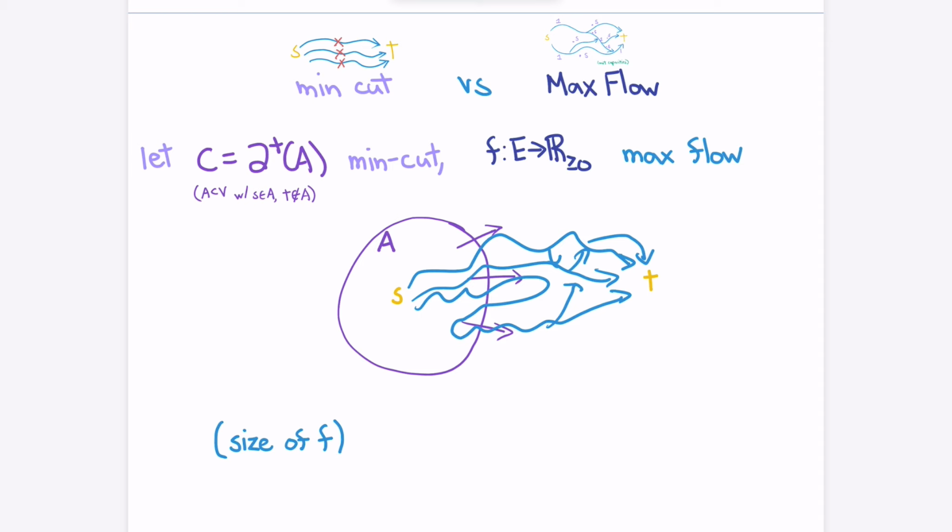So if you take the minimum of each side, the size of F is the net flow out of A, going from left to right minus right to left, but that's at most the amount going out from left to right. And this will always be at most the capacity of the cut leaving A. Okay.